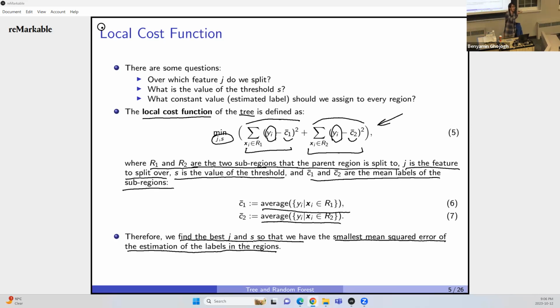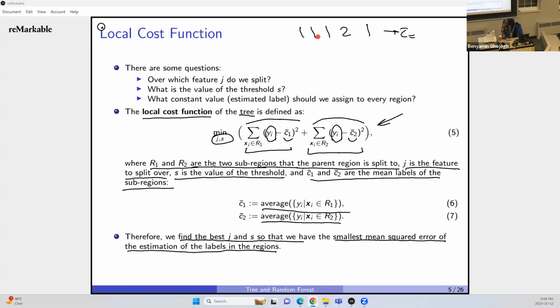If the labels in a region are too different, yi minus c1 bar becomes large. Do you agree? Because the mean will be some middle value, but I have outliers. This mean squared error is large. Simple example: assume one region has 1, 1, 1, 2, 1. The mean becomes what?